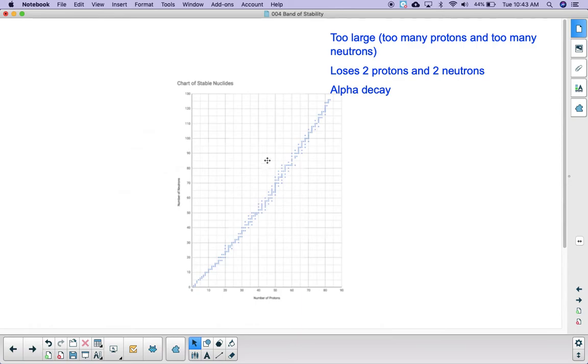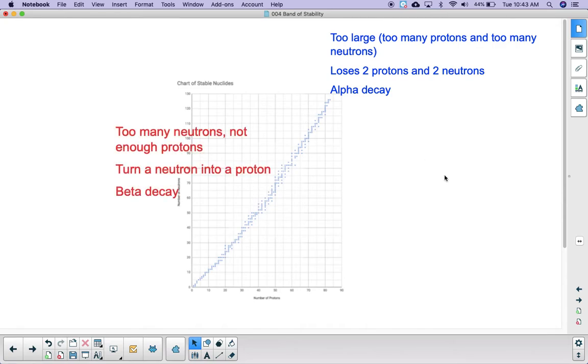In this region over here, the nucleus isn't too large. However, a nucleus someplace like this has too many neutrons or not enough protons. We know that because if we were to slide downward and lose neutrons, we could land at something stable. Or if we were to slide sideways and gain protons, we would land at something stable.